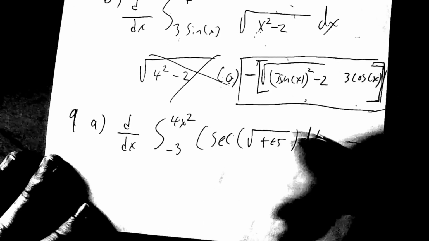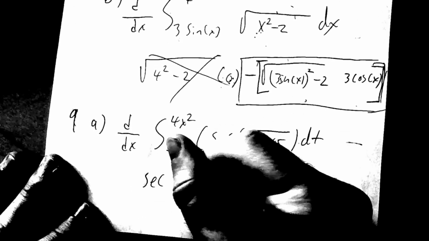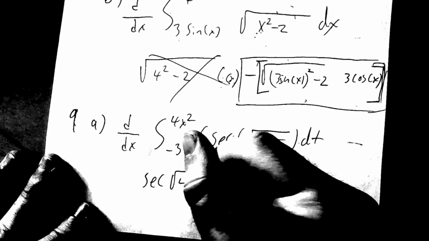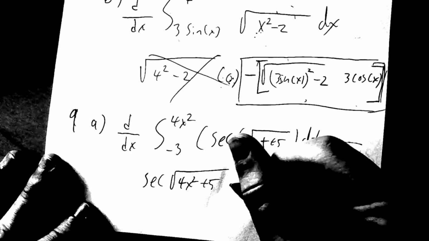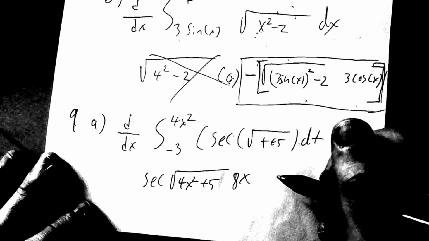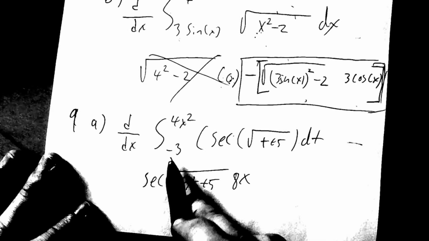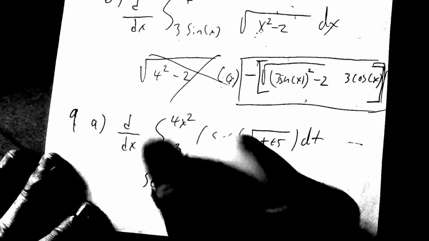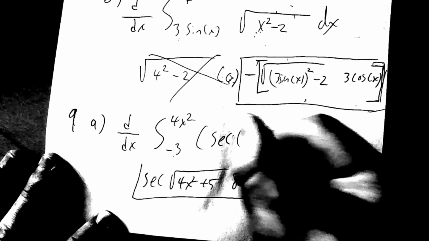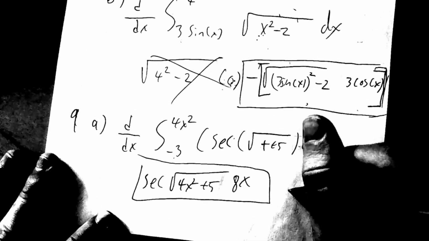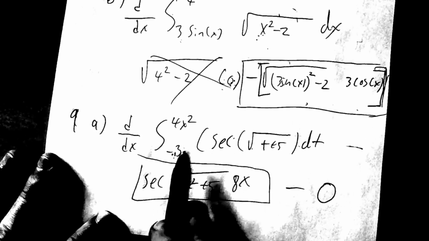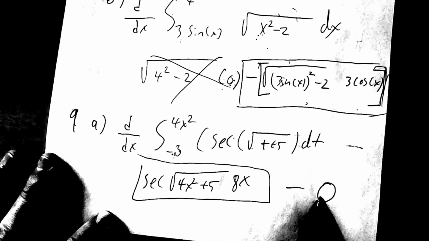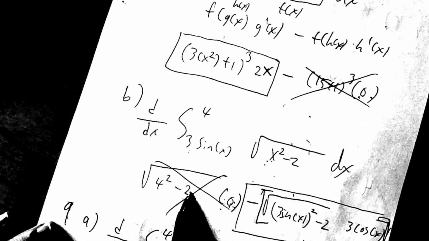So we're going to plug the 4x squared in. Secant square root (4x squared plus 5) times that derivative, that's 8x. And then because that's a constant, at this point I'm not going to bother. That is the answer. This would basically be minus 0 because that's a constant there. So when I plug that in and then take the derivative of that, you get 0. Okay, same. That's why these are canceled here.